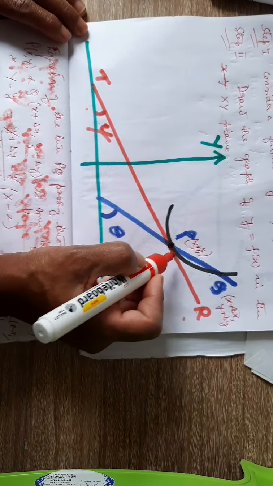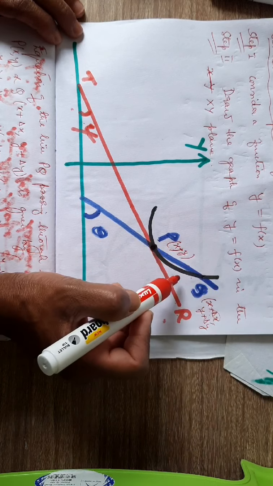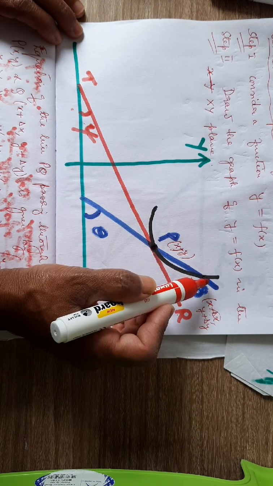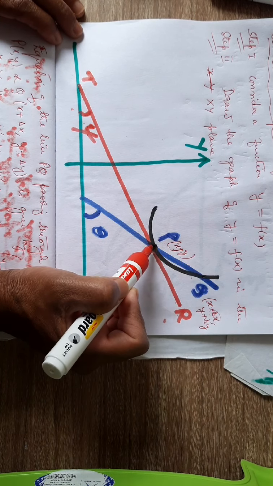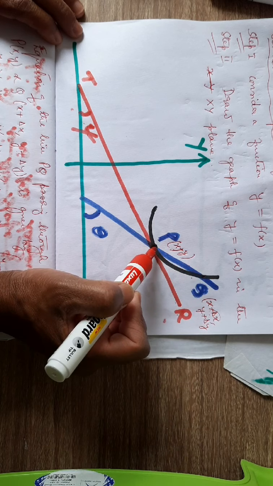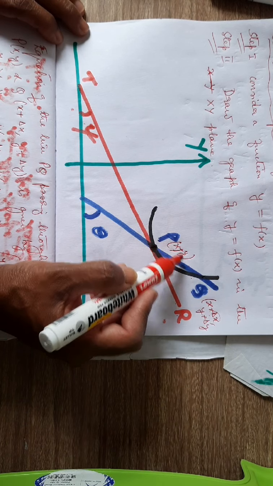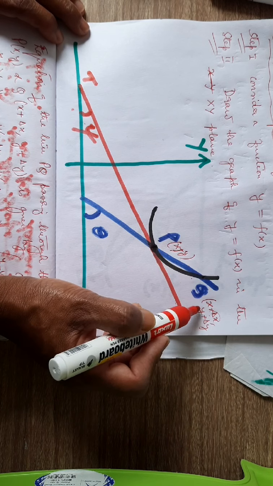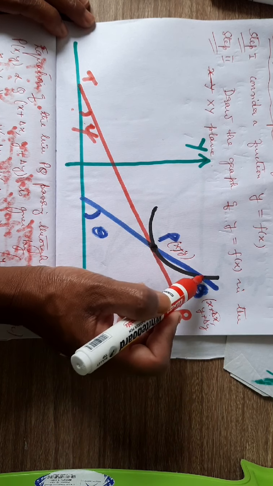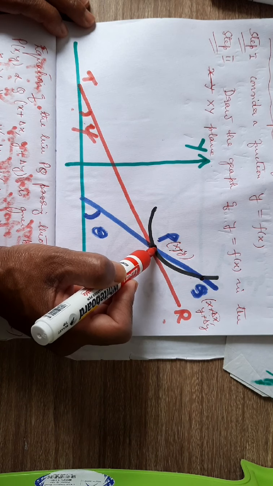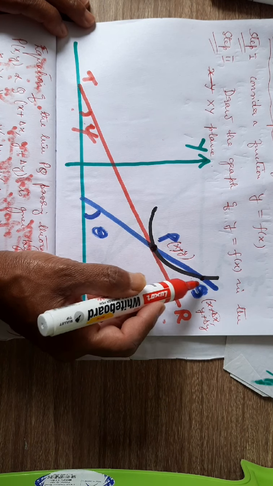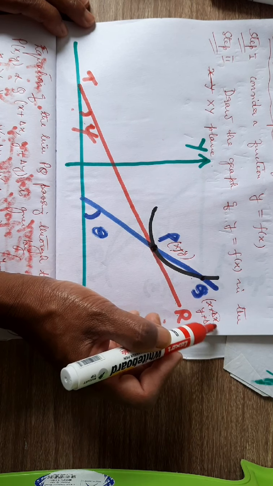So you can see from here, the first step is to consider a function and draw the graph of that function, then take a line which cuts this given curve at two points, P and Q. Suppose the coordinates of P are (x, y) and the coordinates of Q are (x plus delta x, y plus delta y). Then letting this point Q approach P will be possible only if delta x tends to 0.